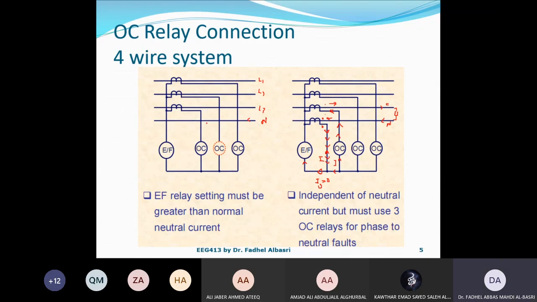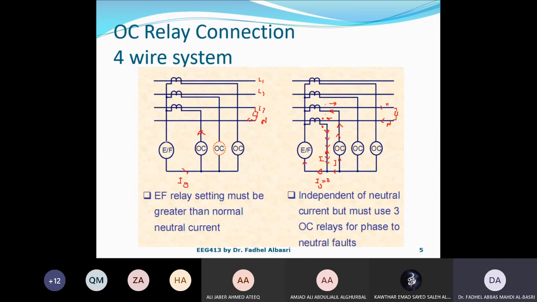However, if this is not done here, if I didn't use the 3 CT to eliminate this, then if I put a load here, that current will correspond to a neutral current, in this direction. And I suppose there's no load here, so that current will be the same as IG.